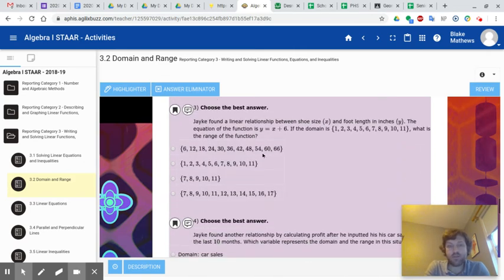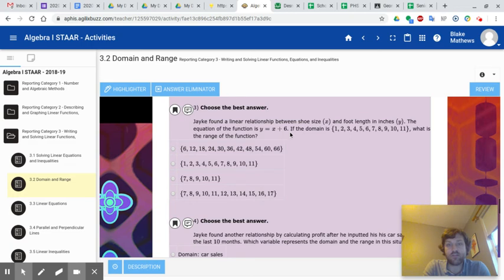All right, now when it gives it to you in terms of a word problem or a list of numbers, we need to also produce a list of numbers. This is really just common sense, more or less, but we can use the graph as well, and I'll show you how to do it. It says Jake found a linear relationship between shoe size and foot length. The equation of the function is y equals x plus 6.